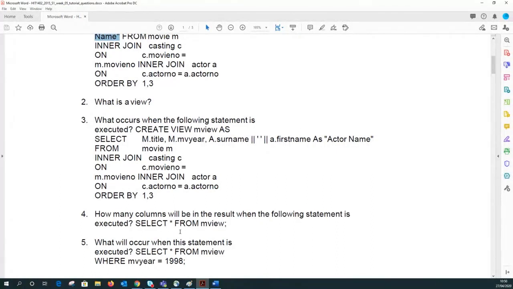How many columns will it result in? Very easy, 3 columns: the title column, the movie year column, and the actor name column. Because we are executing the same SQL statement which is stored inside this mview object.